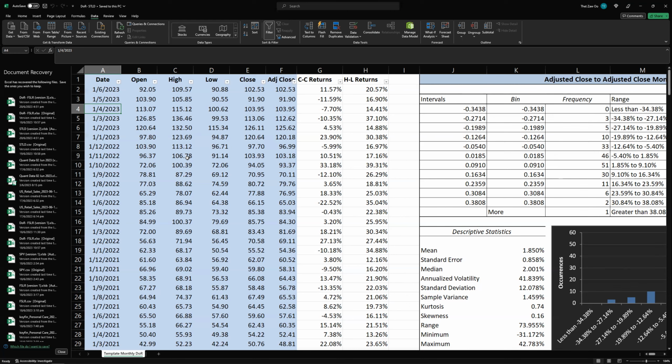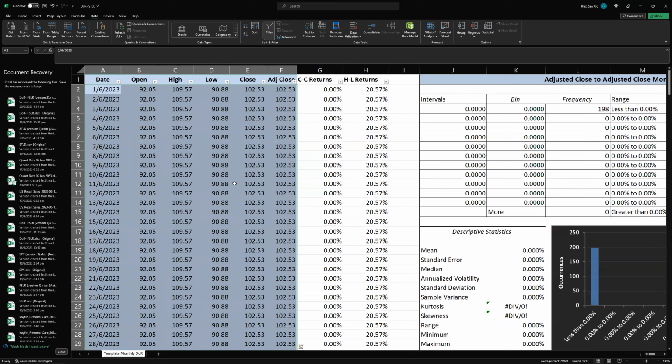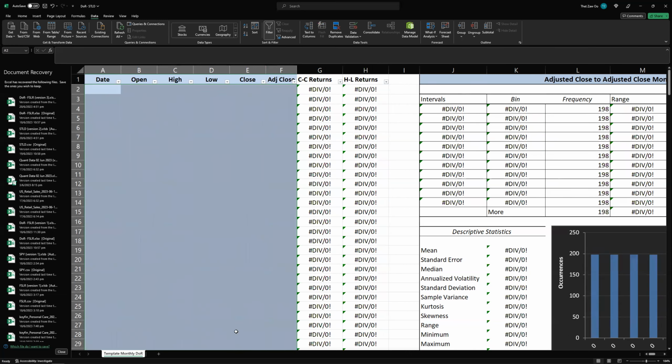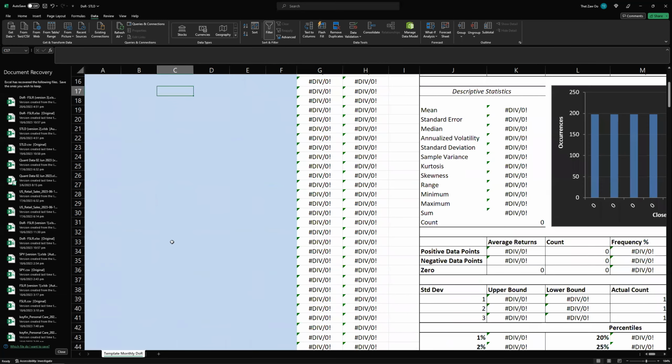Okay. So first, what you have to do is delete all the current data here. Don't delete these two, the C2C return and H2L return. Just delete the blue color ones. On the Excel spreadsheet, you can just double click this. It will select all the way down, and then I'll just delete now.